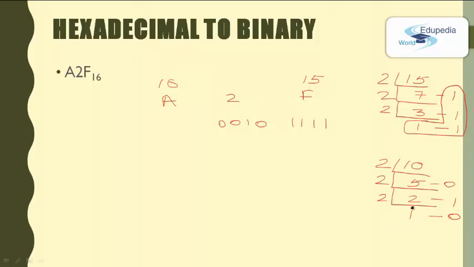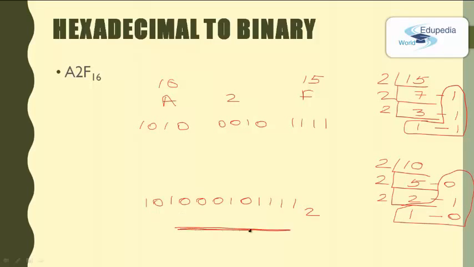So the binary equivalent of the decimal value 10 is 1010. So the final answer is 101000101111 in base 2. So this is the binary equivalent of the hexadecimal value A to F.